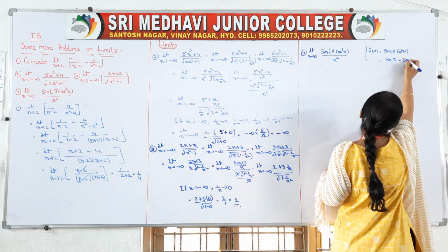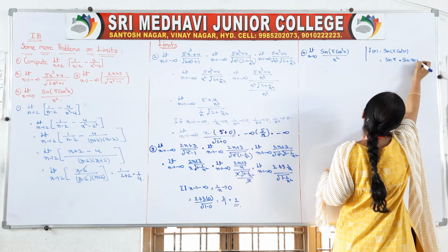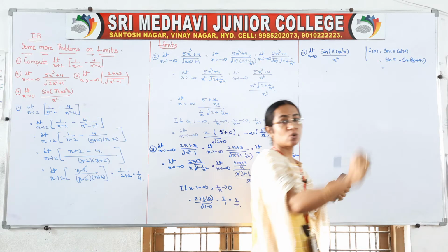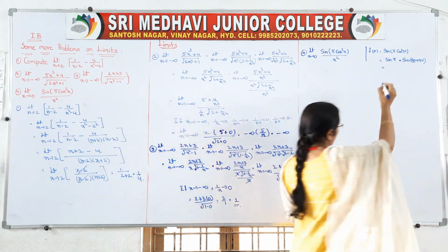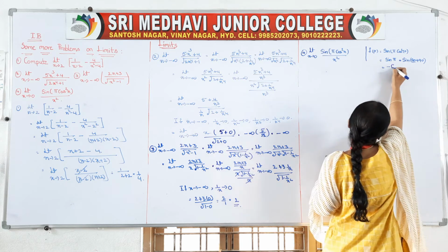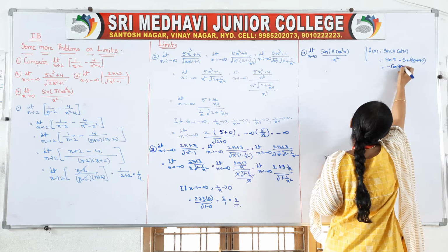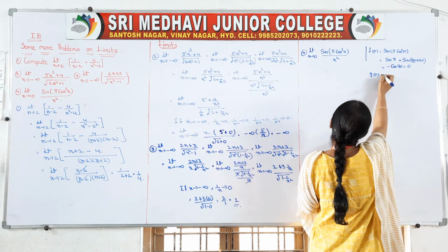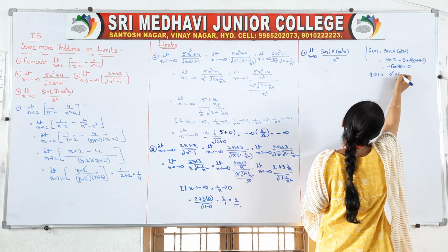Sine pi can be written as sine of 90 plus 90. In the second quadrant sine is positive, and the ratio also changes, sine changes to cos 90, that is 0. Similarly, g of 0, that is 0 square, 0.